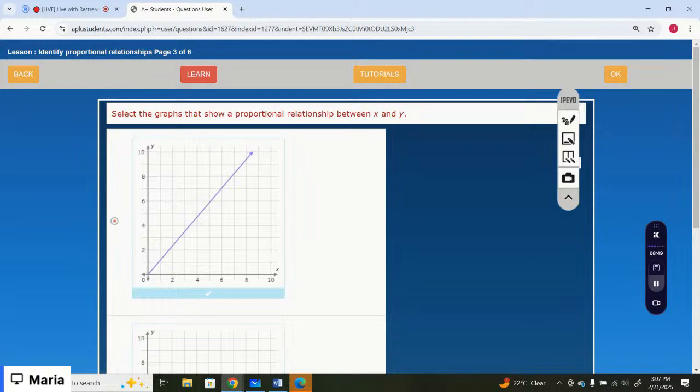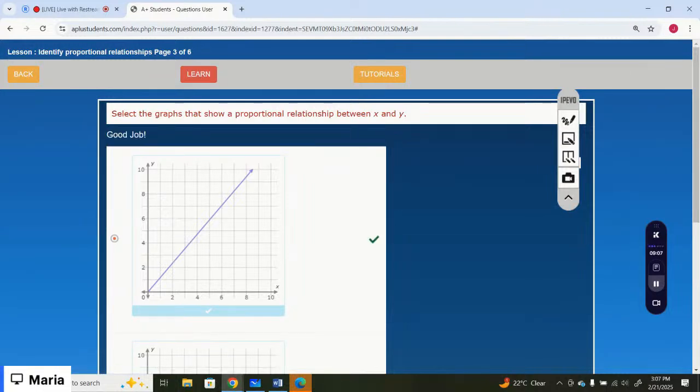Option number one is the correct option. That is a straight line passing through the origin.